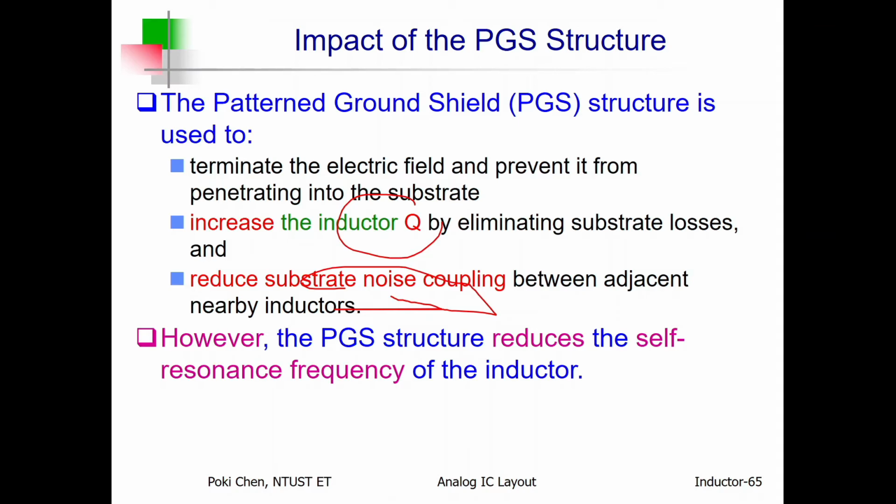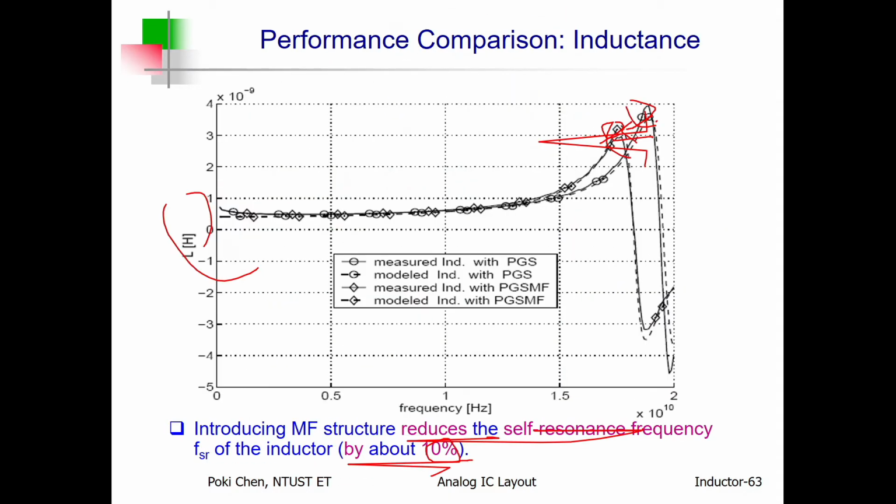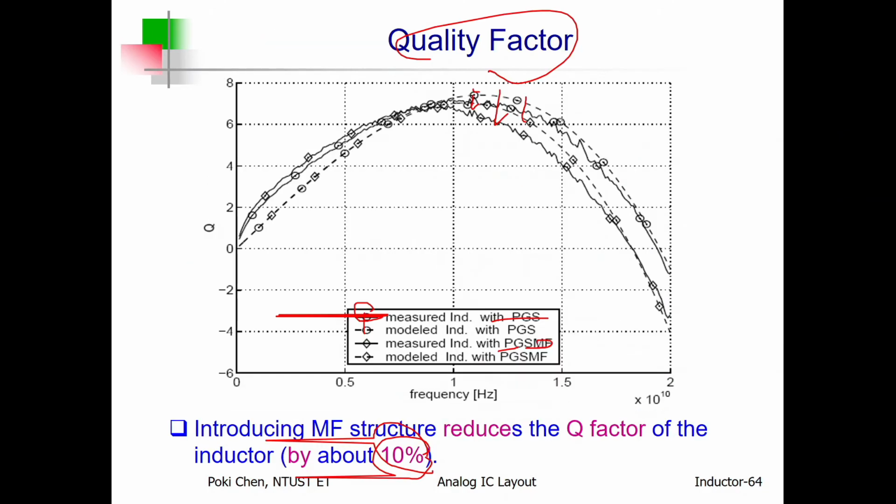So no noise coupling happens for such kind of substrate. All right. But anyway, with PGS, especially PGS with metal fill, you will reduce the self-resonance frequency. It means that above it, again, the inductor will become a capacitor. That's it.